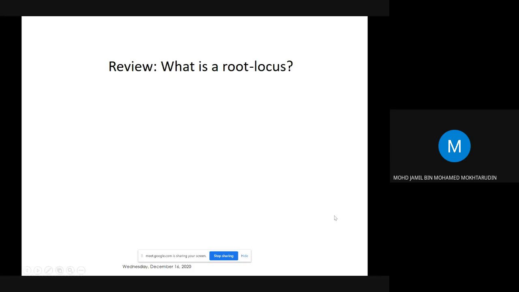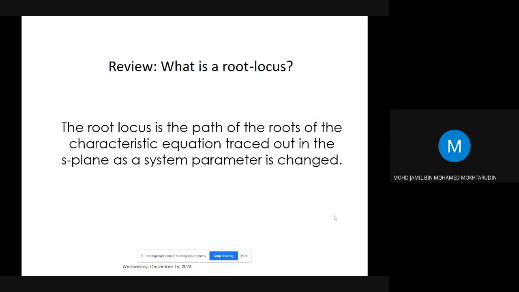So let's review what is root locus. Root locus is the path or the graph of the roots of the characteristic equation, or the path of the poles, the roots of the denominator, traced out in the S-plane as a system parameter is changed.